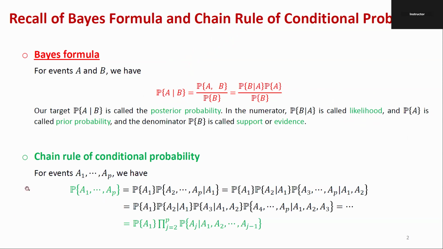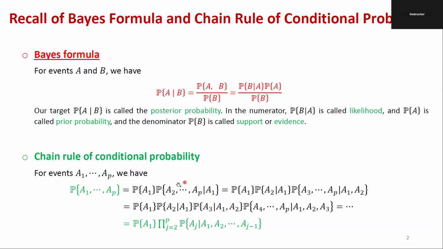One thing I do want to mention is the chain rule of conditional probability. Suppose I'm interested in, again, here I use comma instead of intersection, events A1 to AP. Suppose I have the probability of A1 and A2 and A3 and so on until AP.